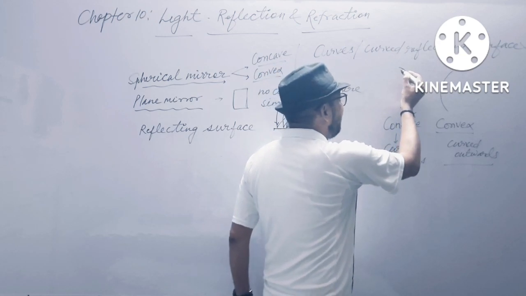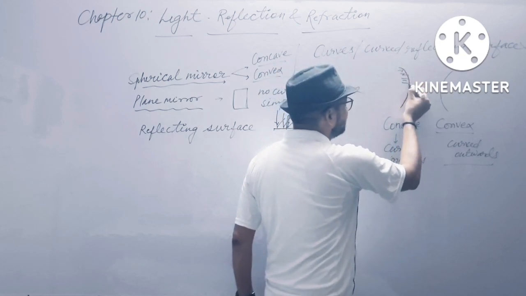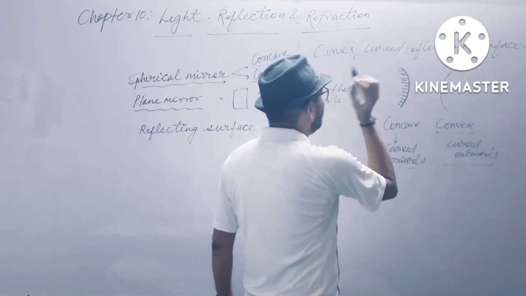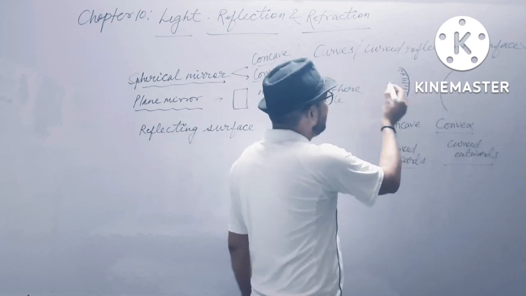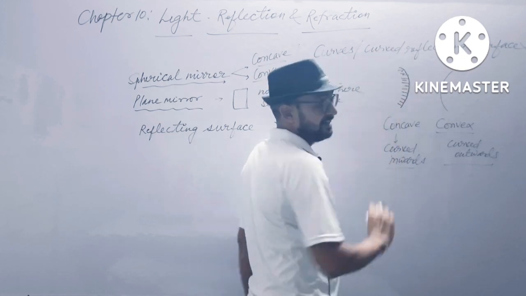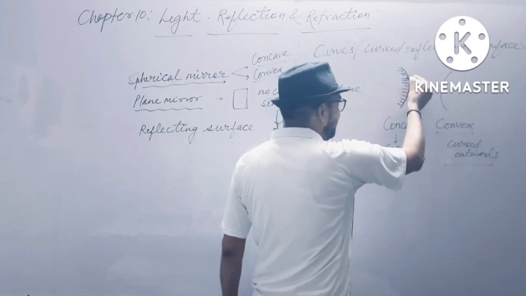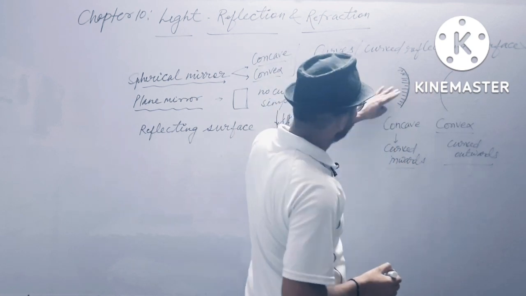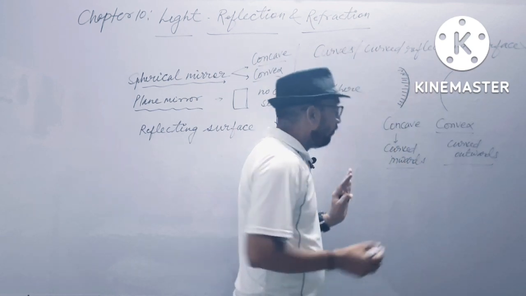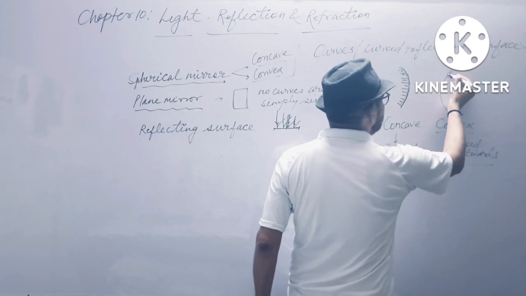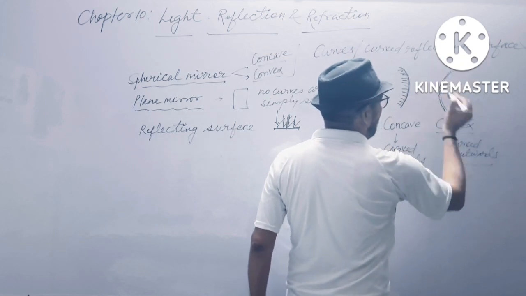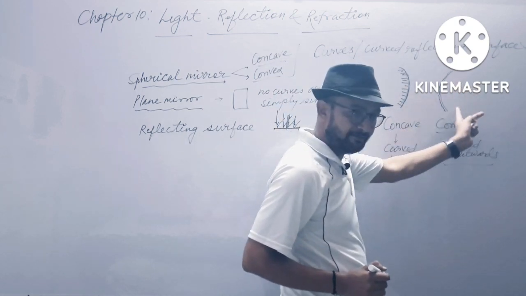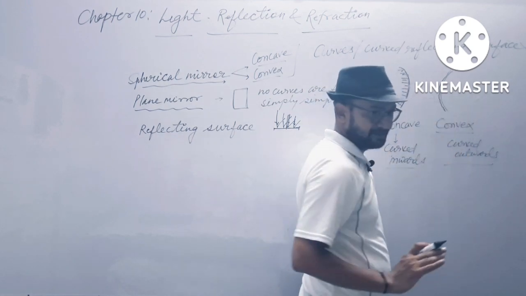Where the reflecting surface is this, where the rays of light get reflected, if it is inside, it is concave. And where the reflecting surface is outside the spherical mirror, then it is convex.